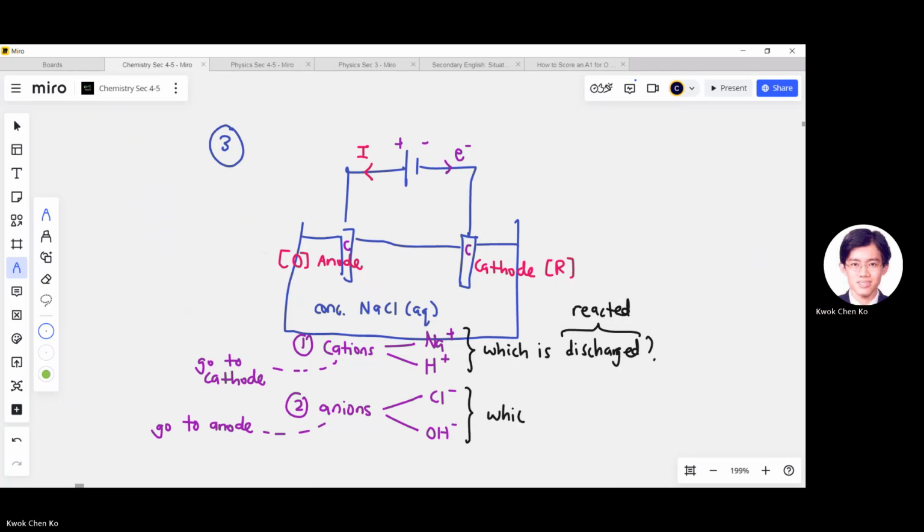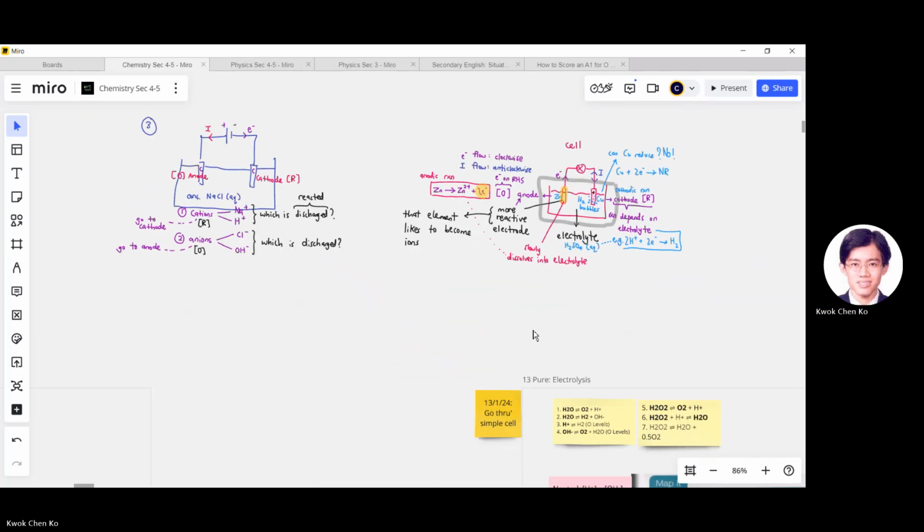Ask yourself, which is discharged, or which is going to undergo reaction? Of course, the reaction of interest for anions will be oxidation, whereas for cations it will be reduction. As always, cations go to cathode. Cathode means reduction. Now, let's look at cations. Sodium versus hydrogen. Go to your list. Go to the table.